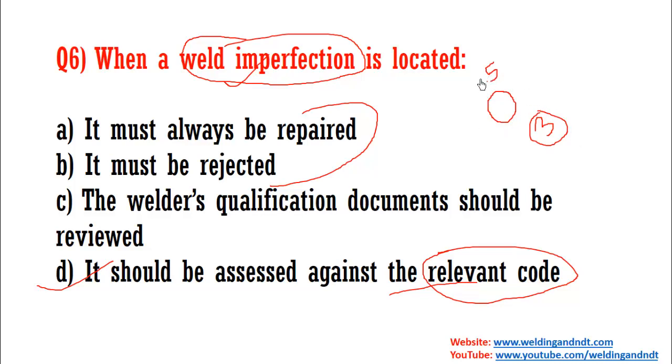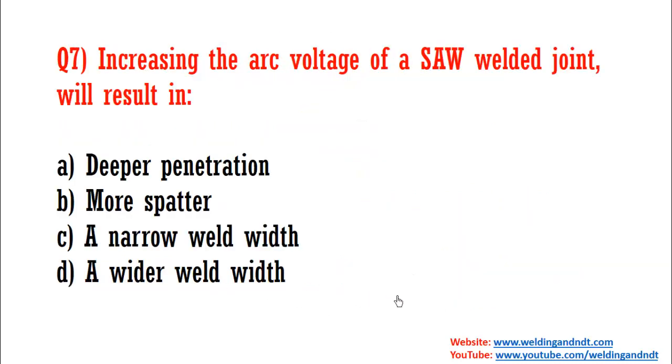But if the dia of this porosity is 4.5 mm, then this porosity will exceed the code limit, and in that case you will have to either repair or reject. Hence first of all you have to see the relevant code, whether that discontinuity or imperfection is within that code or not. So our first and foremost work is to assess that imperfection against the relevant code. So option D is correct.